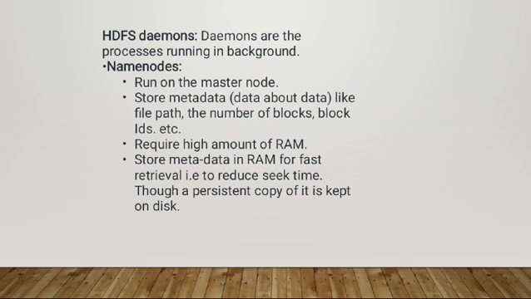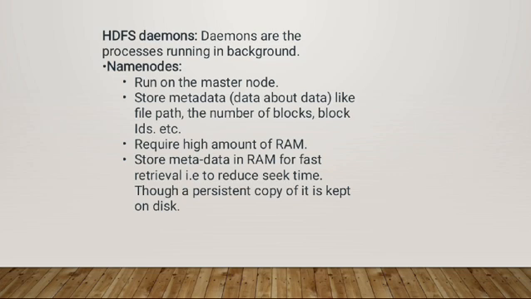HDFS daemons. Daemons are the processes running in the background. Name nodes run on the master node and store metadata. The metadata means data about data, like file path, the number of blocks, block IDs, etc. This requires a high amount of RAM.